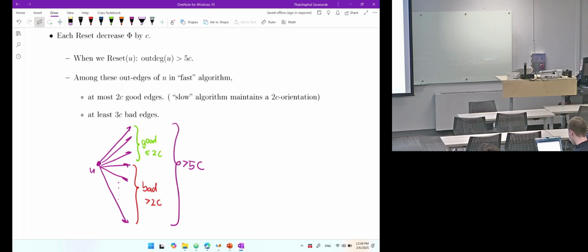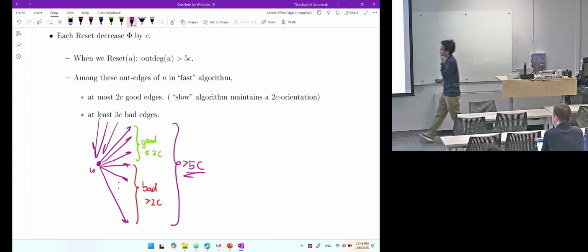Among these out edges of U, there can be many other in edges, right? But we're going to flip 5C of them. Among the ones that we flip, how many can be good?